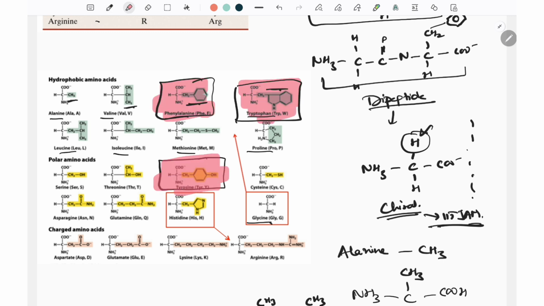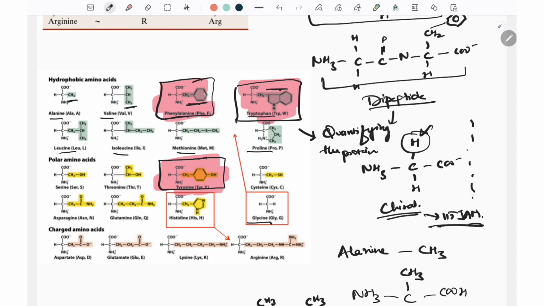You must know about these because they help in quantifying the protein, and how it does that we are going to understand in the next few classes. I know this class might be boring, but you need to understand this because you have to understand the protein structure, and based on this protein structure we are going to answer many questions in upcoming classes.